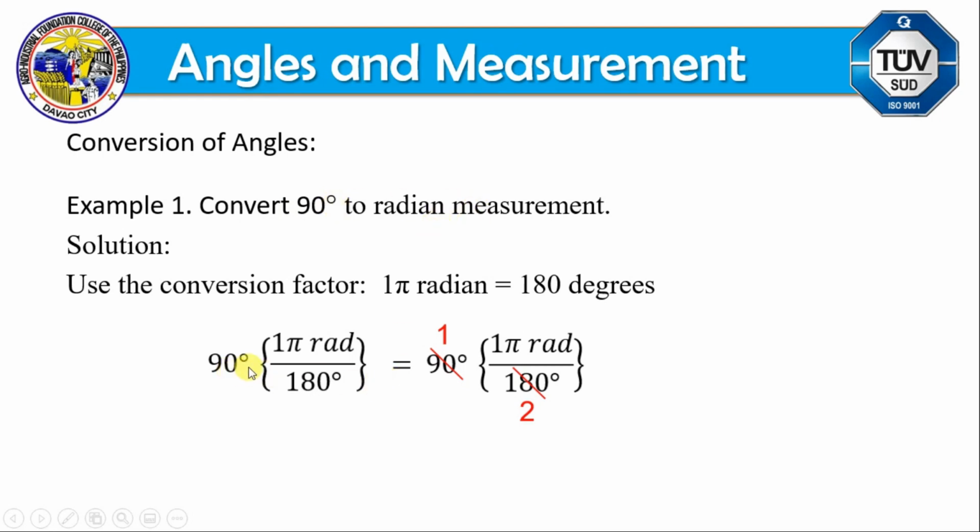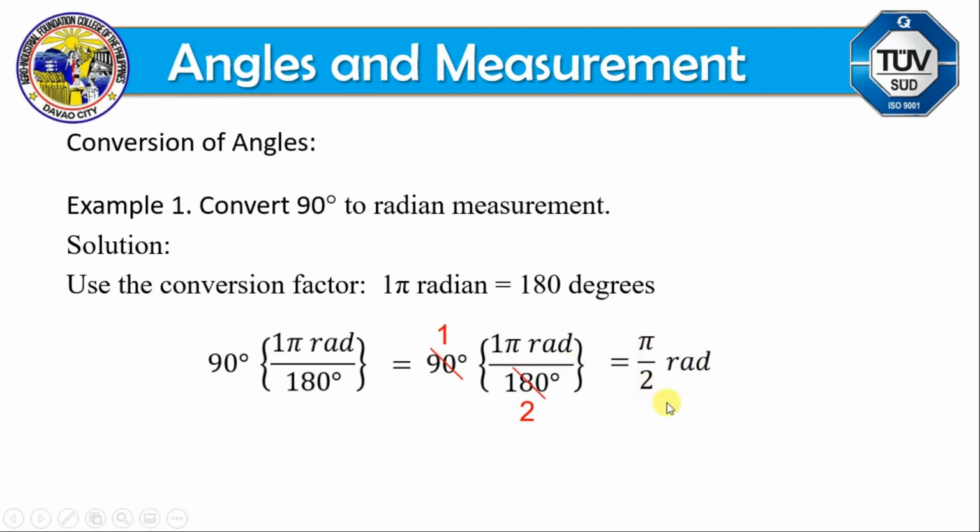So this is what happens. The given 90 degrees times the conversion factor: the degrees cancel out, then 90 over 180 is just equal to 1 over 2, and the 1 pi rad remains on top, which gives us 1 times 1 pi, so pi all over 2 radians.